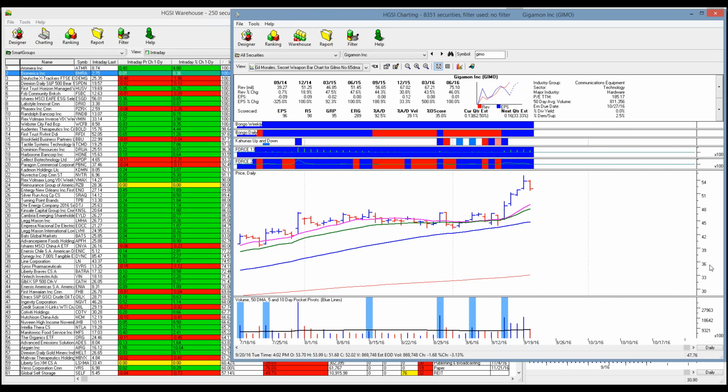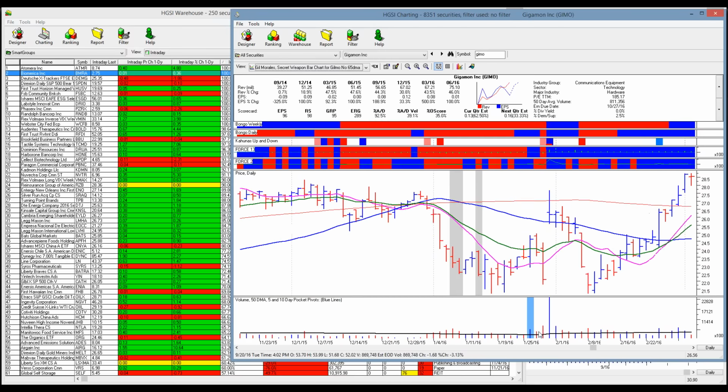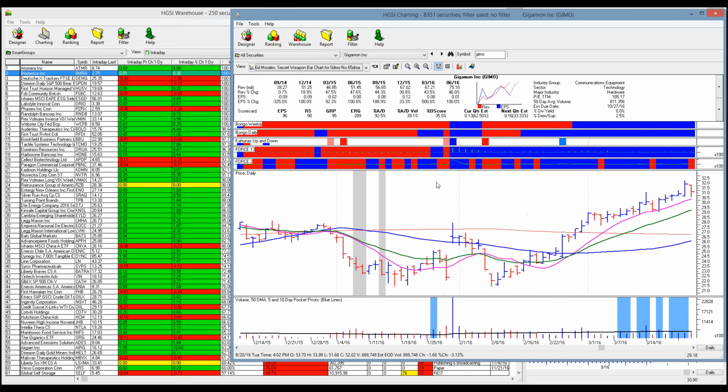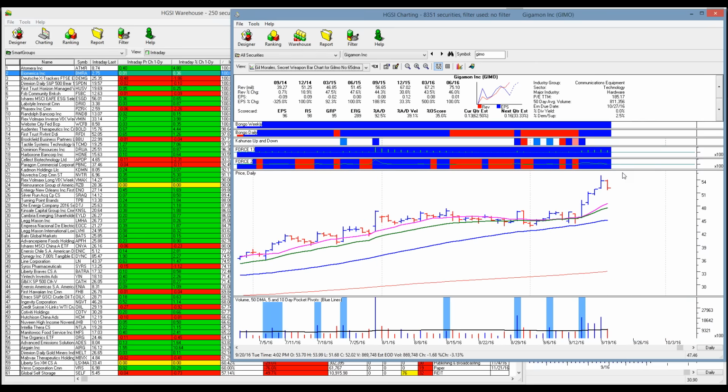Okay, somebody asked about the Bongos and Kahunas. The Bongos are essentially an internal relative strength indicator that some HGSI users put together. And the Kahunas, my former partner, who unfortunately passed away a few months ago, came up with the Kahunas, and they're just a big move in the Bollinger Bands, essentially, both up and down.